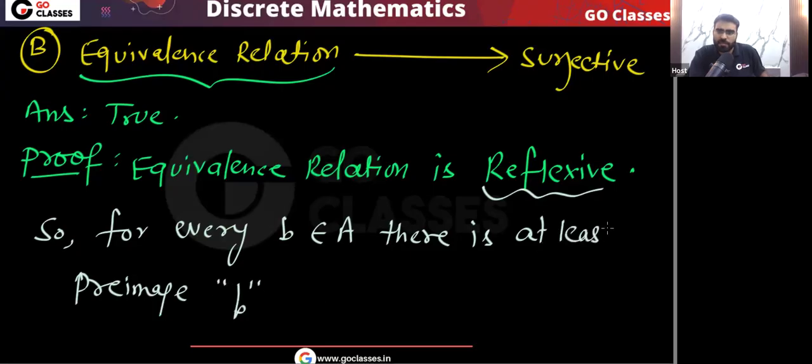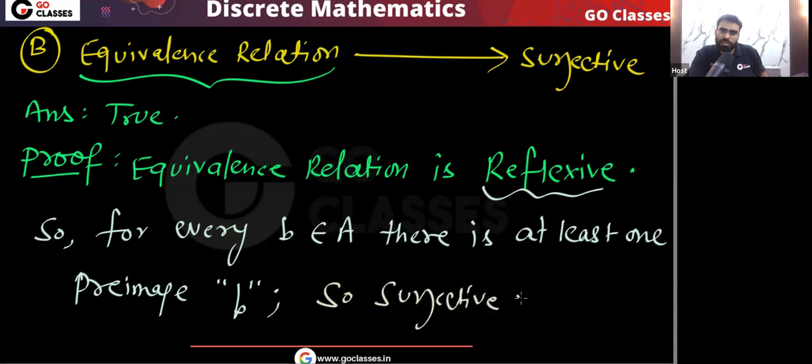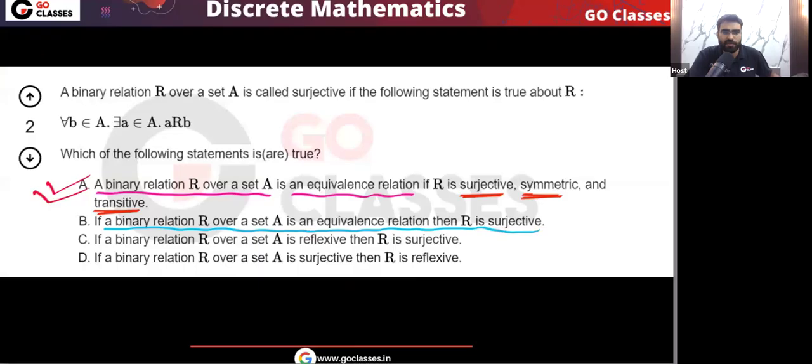Because this is reflexive, every column has a tick mark, and every element has a preimage. For every element, there is at least one preimage. So it is surjective. So equivalence relation implies surjective. Very simple. And if you have surjective, symmetric, transitive, then it will be an equivalence relation. So this statement is also true.